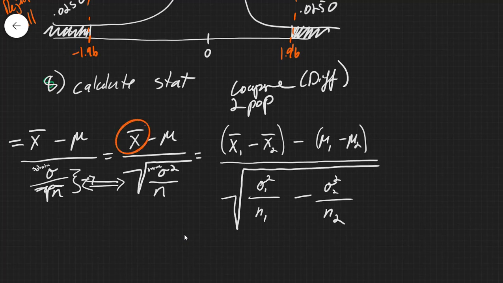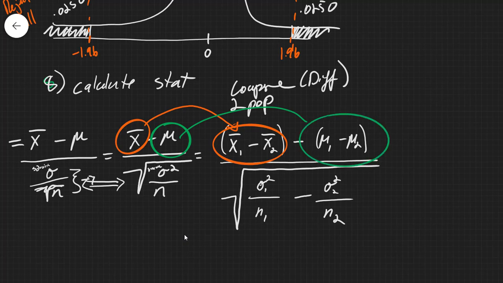This difference calculation takes the place of the x bar, right? The mu takes the place of the mu, right? And the entire denominator is nothing more than the entire denominator here with the square root on the outside, right? This need not be different.